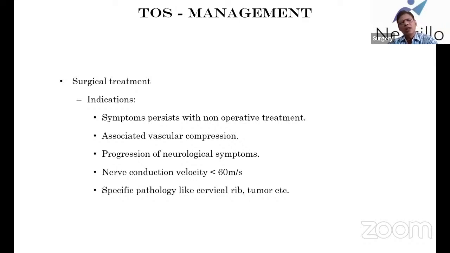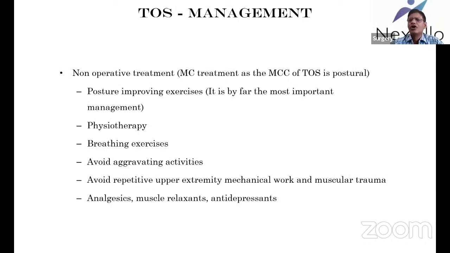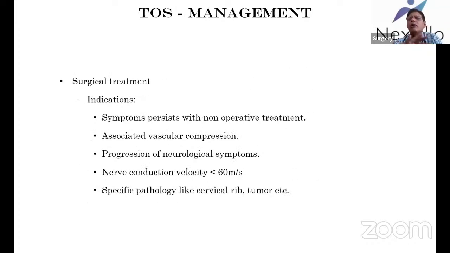So nothing much here. The main thing to remember is that the management of thoracic outlet syndrome mainly is posture correction and physiotherapy, right? So this is the whole about thoracic outlet syndrome. The important points that you need to remember for the exam.